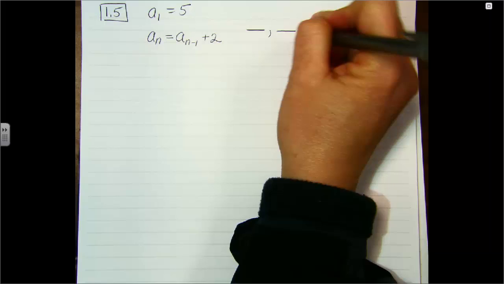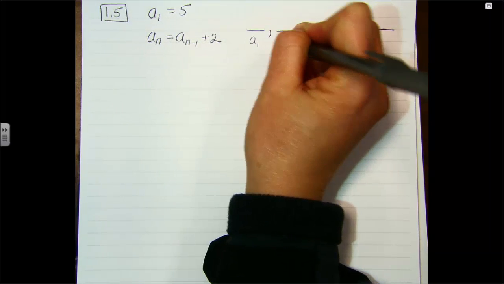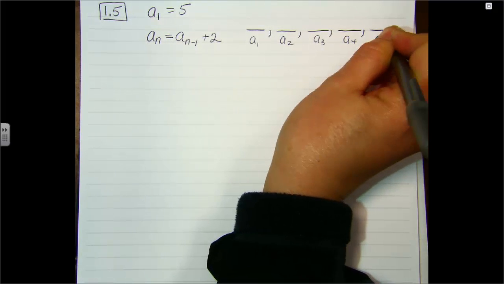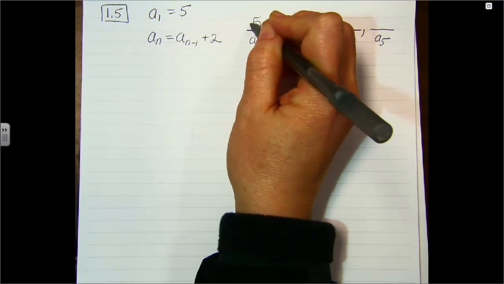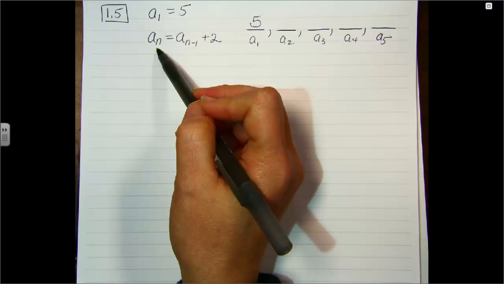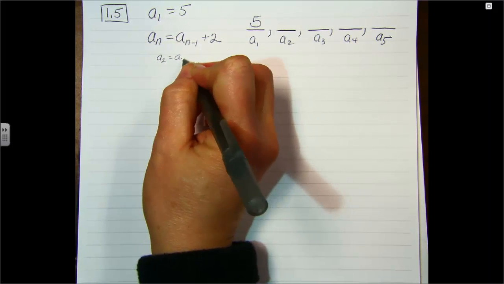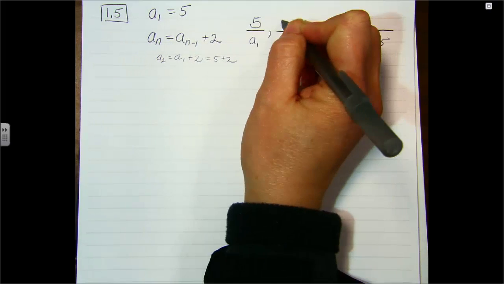So our first example tells you that a sub 1 is 5, and a sub n is a sub n minus 1 plus 2. I'm asking you for the first 5 terms of that sequence. So again, I make myself a picture and I label it. The first term is 5, easy enough to fill in. Now the second term, a sub 2, is going to be equal to a sub 2 minus 1, the term before it, plus 2. 5 plus 2 is 7.